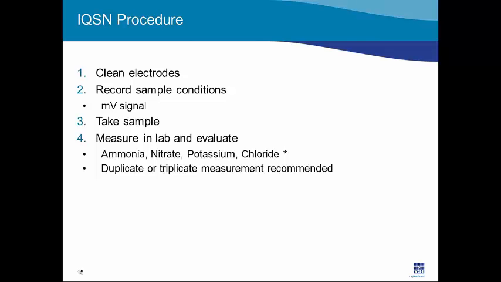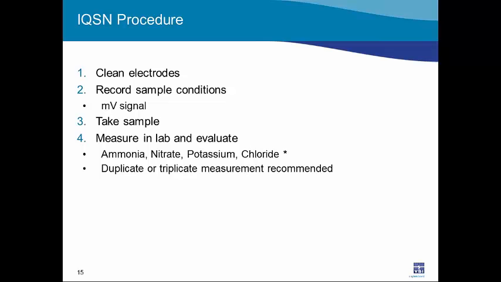Take that sample back to the lab, measure and evaluate. If you have an ammonium and nitrate combination probe, you're going to measure ammonium, nitrate, potassium, and chloride. If you only have ammonium, you only need to do potassium. If you only have nitrate, you only need to do chloride.